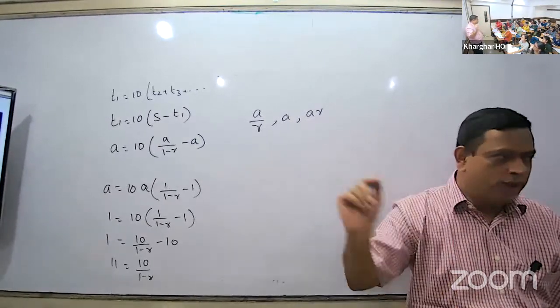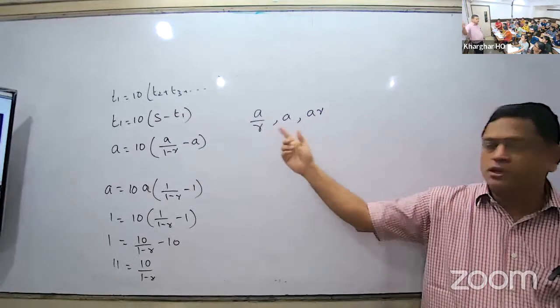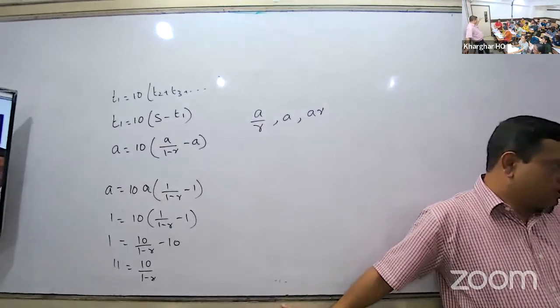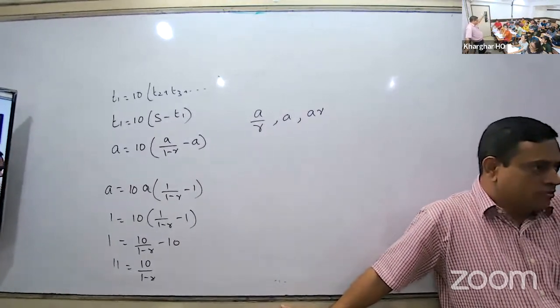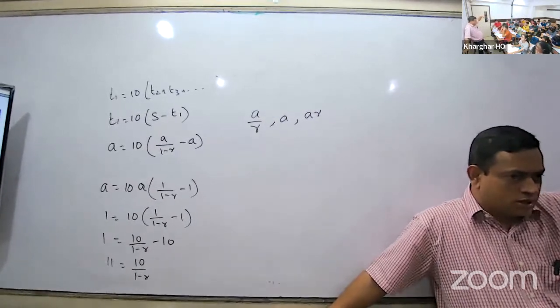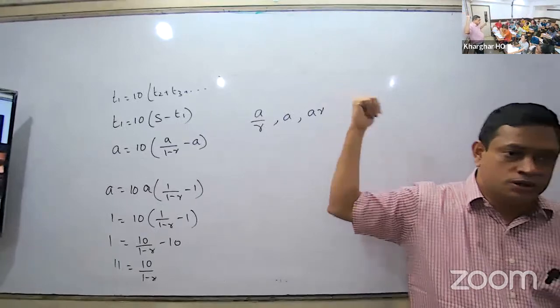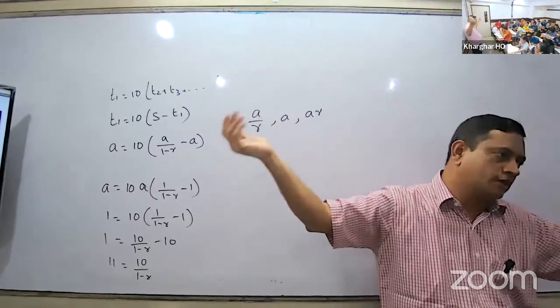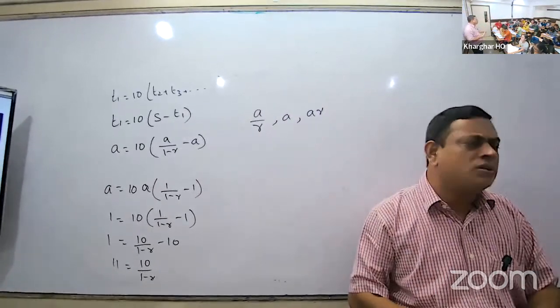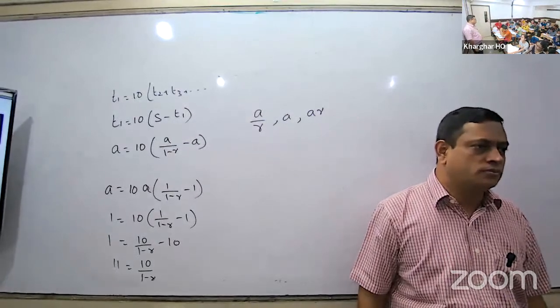When the product is taken, R and R will cancel out. In an AP, when the sum is taken, D and D cancel. Here the product comes, R and R cancel, and it will be A cube. A cube is equal to that value, you get it directly. Other ways also work, but sometimes they are complicated.